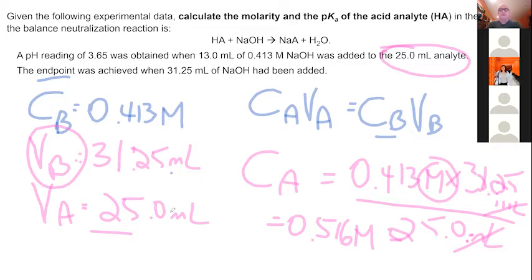So that's our molarity. And that makes sense because we had less of a volume of acid and a greater volume of base. So that would mean that the concentration of base would be less than the concentration of the acid. And you can see that it is by a little bit. So 0.516 molar. So we got the first part.